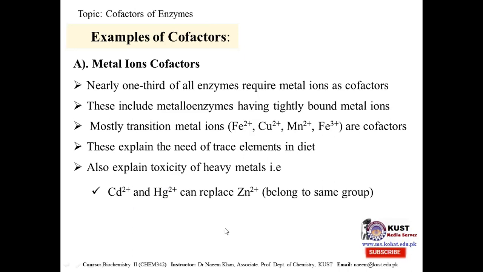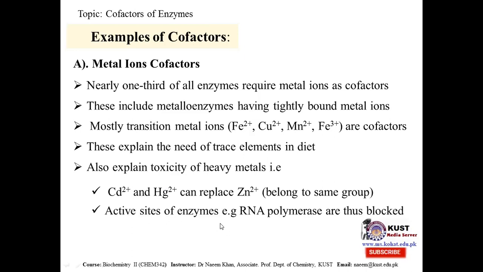If they replace zinc, the active site of enzymes such as the important enzyme RNA polymerase will be blocked by the mercury or cadmium. Thus cadmium, mercury, arsenic, and so on are toxic metals. They are not actually cofactors, but they can replace the essential elements because they belong to the same group. So that's why the enzymatic system may be blocked.